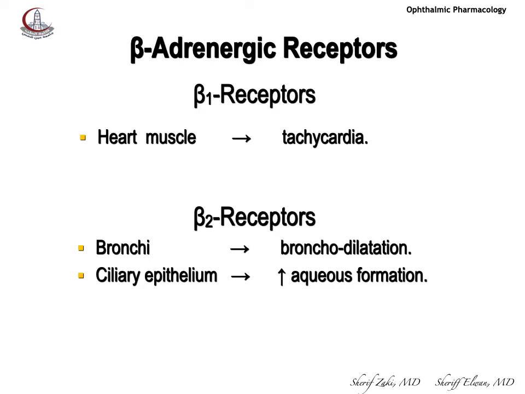Therefore, the anti-glaucomatous drugs here should be a beta blocker. We must notice also that the same beta 2 receptors are present in the bronchi, and their effect is bronchodilation, and therefore beta blockers lead to bronchoconstriction and attacks of asthma. And this is a side effect of beta blockers used in the treatment of glaucoma.